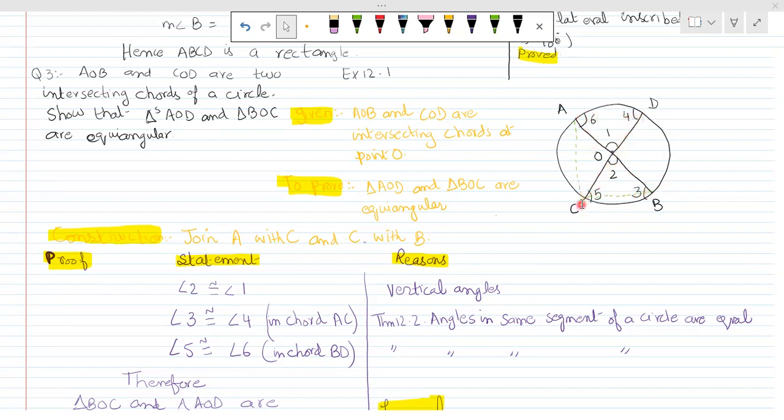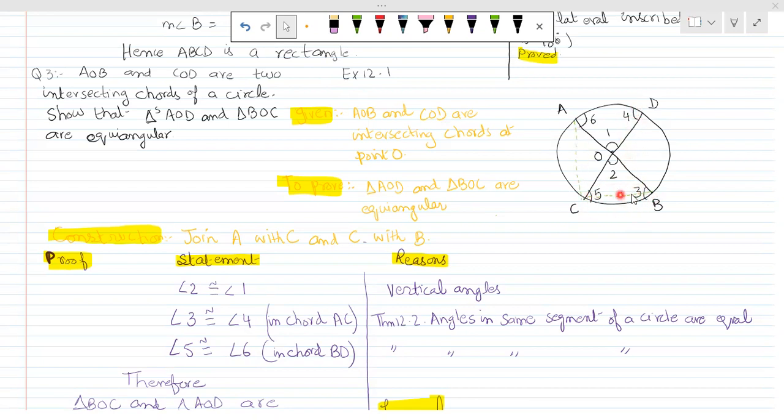Angle 3 is this one, and angle 4 is this one. Both start with A and end with C. So the angles that are made like this are called the angles in the same segment of the circle, and here you have to focus on the chord. The chord is AC, so angle 3 and 4 are congruent.